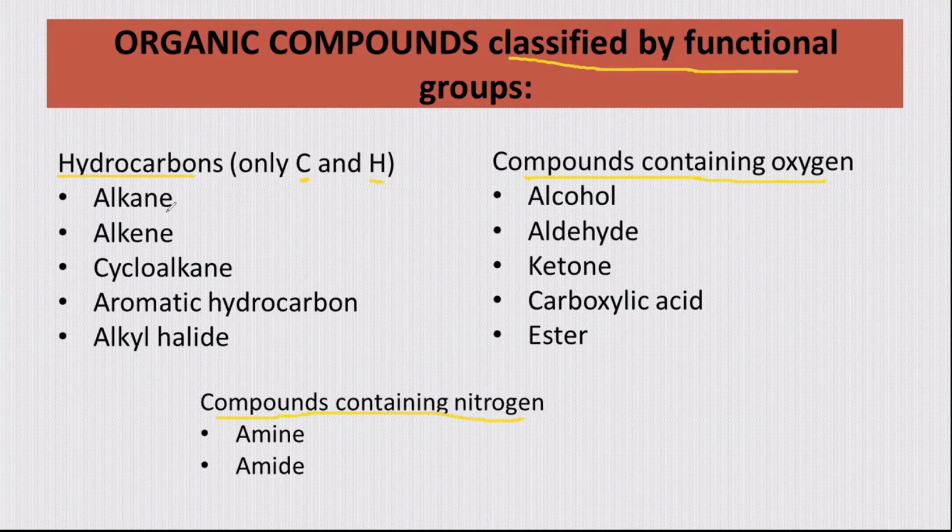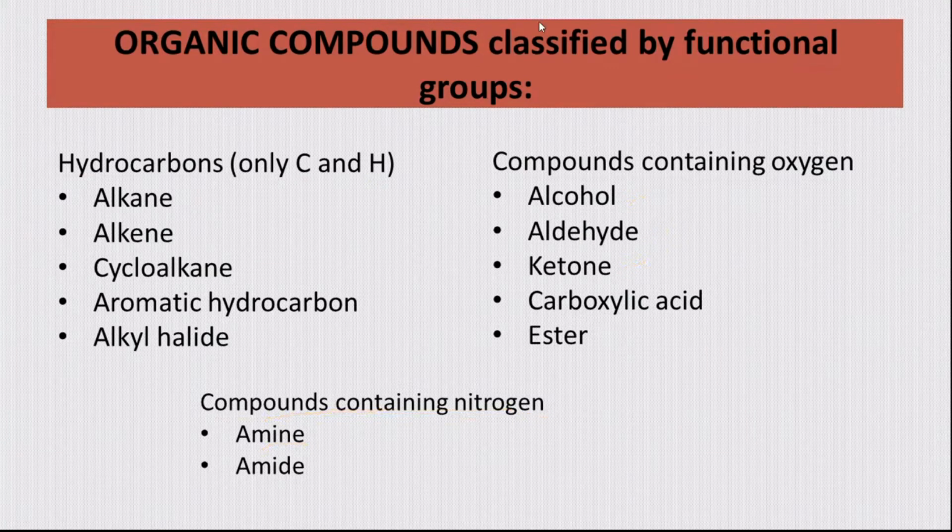These are the examples: alkene, alkane, cycloalkane, aromatic hydrocarbons, alkyl halides. In compounds containing oxygen, we have alcohol, aldehydes, ketones, carboxylic acid and ester. And the compounds containing nitrogen are the amine and amide.